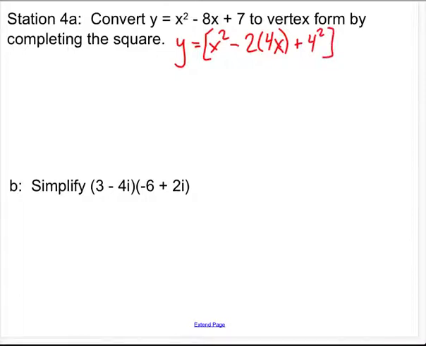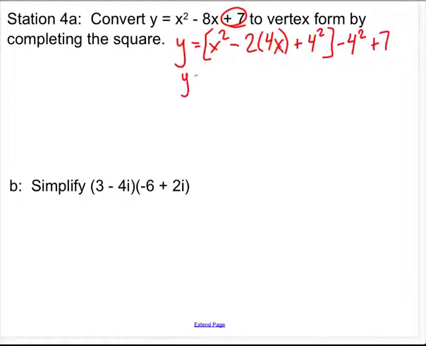Now when you're solving by completing the square, you would add 4 squared to the other side of the equal sign. But when you're putting it in vertex form, you're working entirely on one side of the equal sign. So to balance that plus 4 squared, I have to subtract 4 squared. And then I can't lose, I had a plus 7 in my original equation, so I can't lose that either.